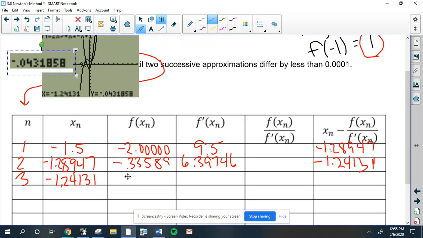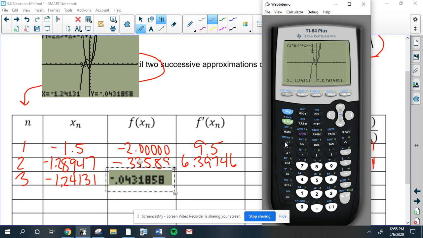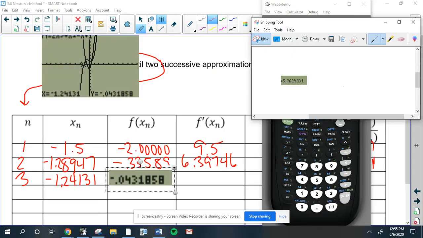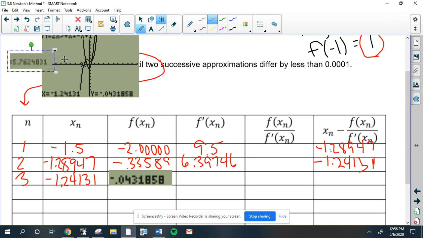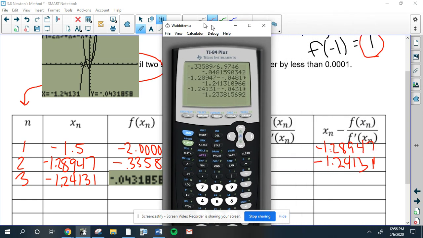Derivative, 5.76248. Now I'm going to calculate x sub n, negative 1.24131 minus negative 0.0431858 over 5.76248, and I get this number.